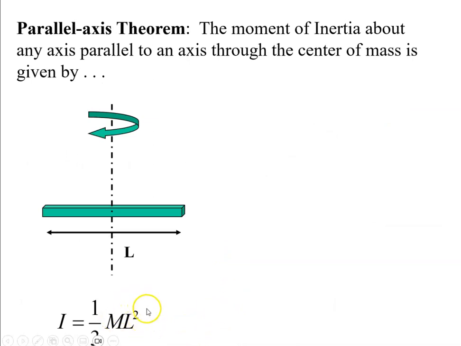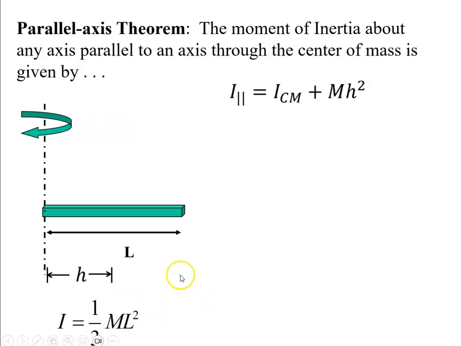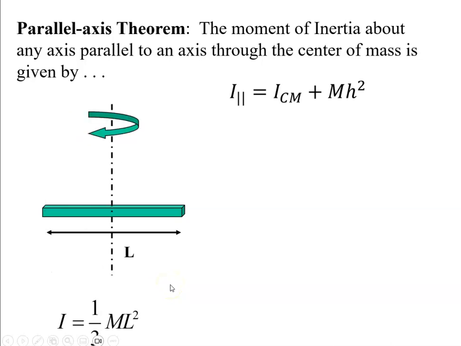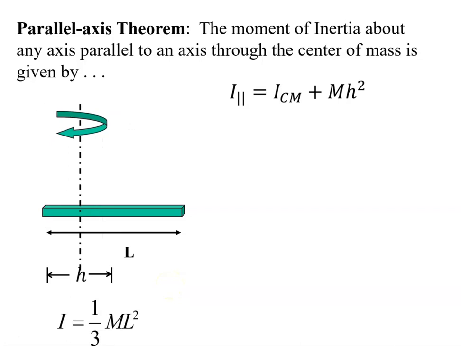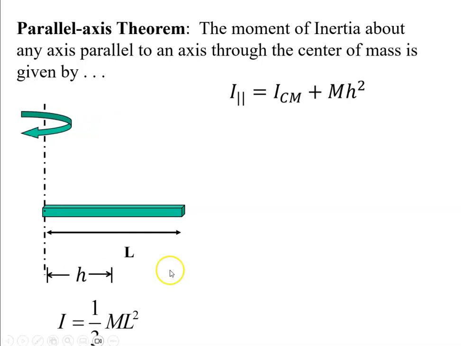You might also have to derive the relationship for when it's about its end using what's called the parallel axis theorem. So let me back this up again. Notice the axis, it was spinning about the center, and now we're shifting it some distance h all the way to the end. What we're going to use is what's called the parallel axis theorem.